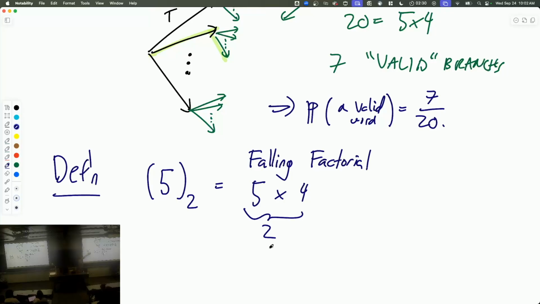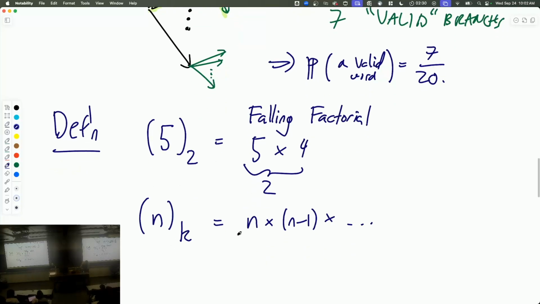You start at 5, do 2 multiplications with 2 terms, and go down by 1 every time. In general, you could do n falling factorial k. You start at n, go n minus 1, and you stop when you get to k terms. What would you be at if you're doing k terms? You would be at, not n minus k, but n minus k plus 1.